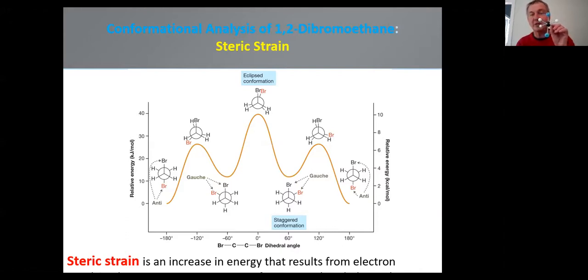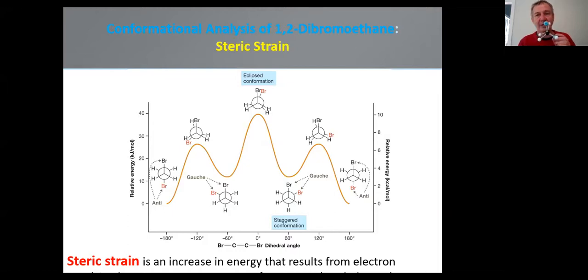The anti-conformation. Notice the Newman projection has 1 bromine up in front. I should have done it like the image. 1 bromine up in front, 1 bromine back in the back in my hand. Then as they come towards each other, you first encounter an eclipsing conformation.